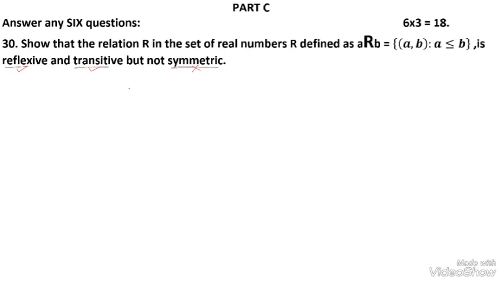Now let's start the problem. Let us consider the relation R equals the pairs A comma B such that A is less than B. Now, first I can check the reflexive property.